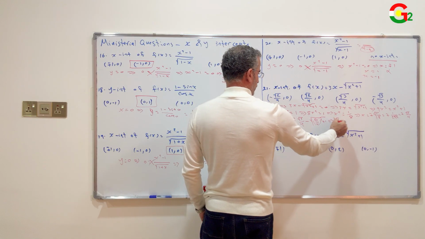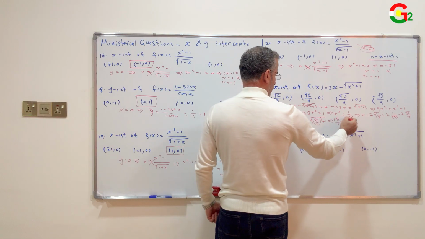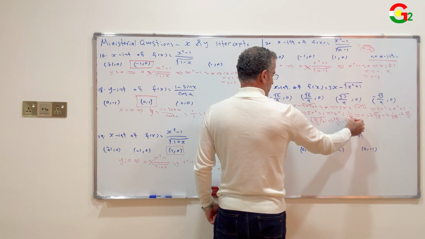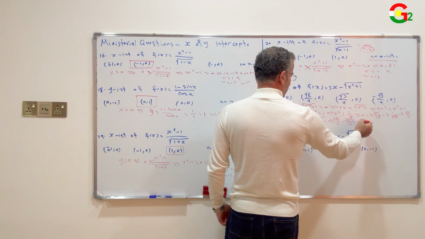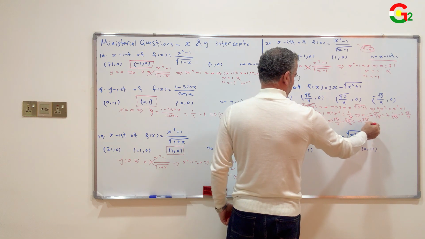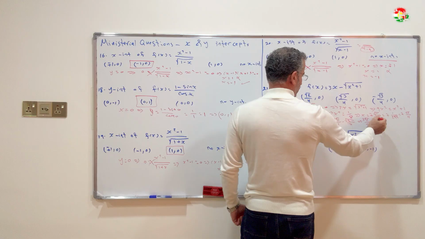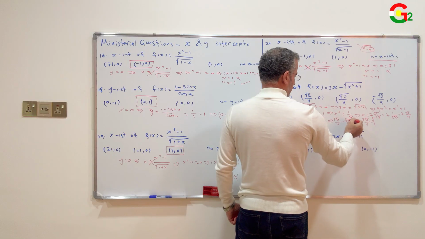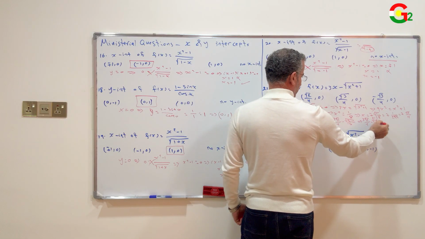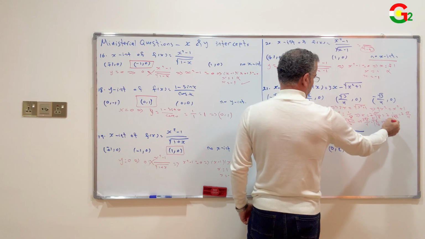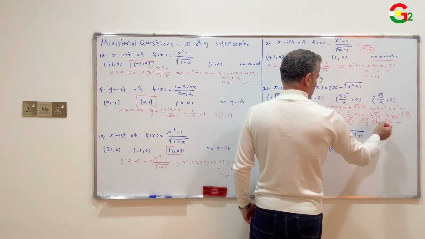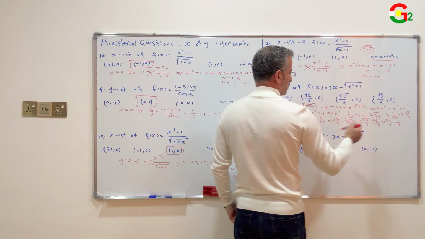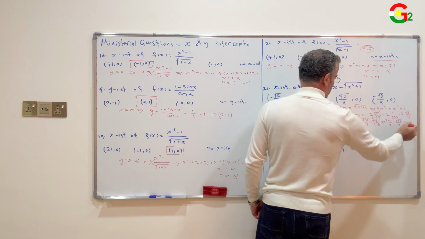Then 3 sqrt(2)/4 minus sqrt(18)/4, and sqrt(18) is sqrt(9 times 2), which is 3 sqrt(2). So it equals 0.